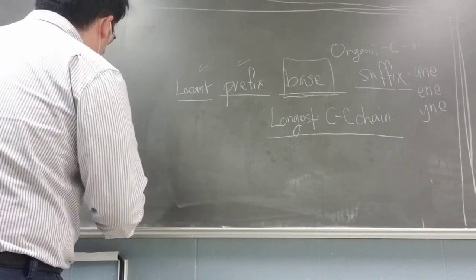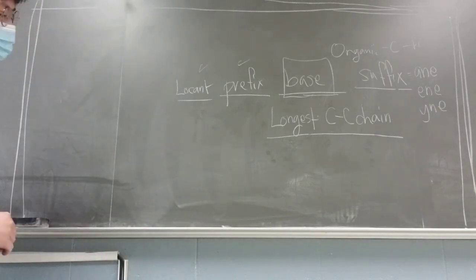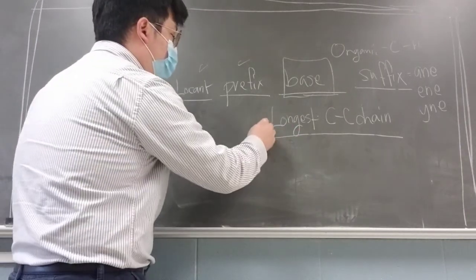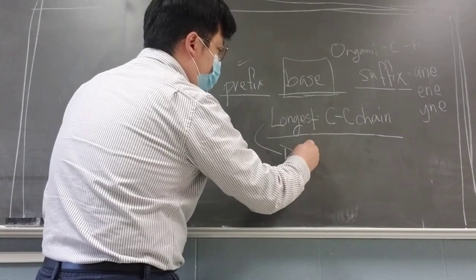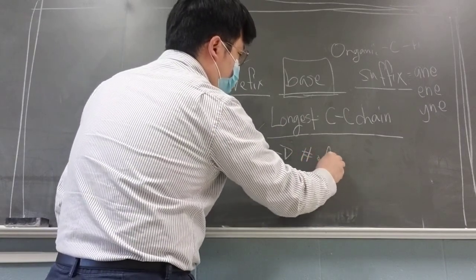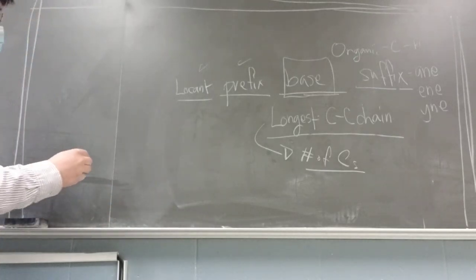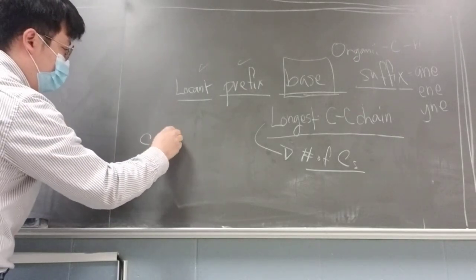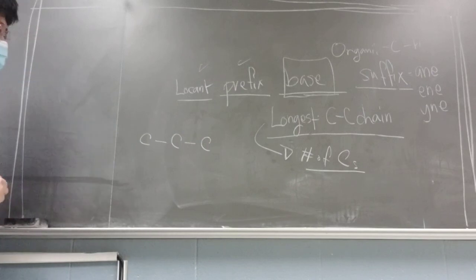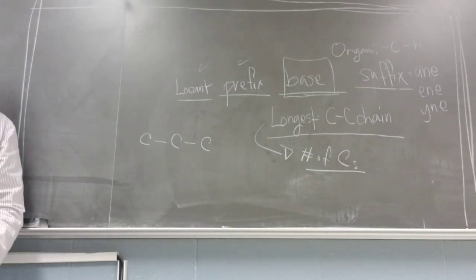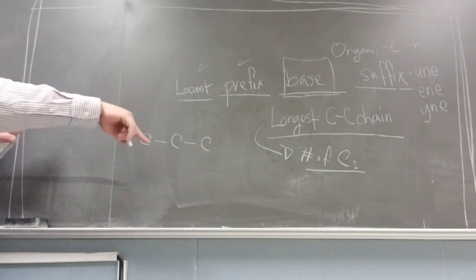So let me show you some example over here. So what I mean by the longest carbon chain, and you're gonna also try to find out the numbers of carbons in your longest carbon chain. So if I give you this three carbons kind of chemically bonded to each other, like in a linear shape, okay?